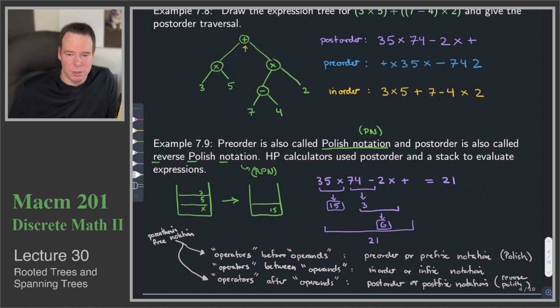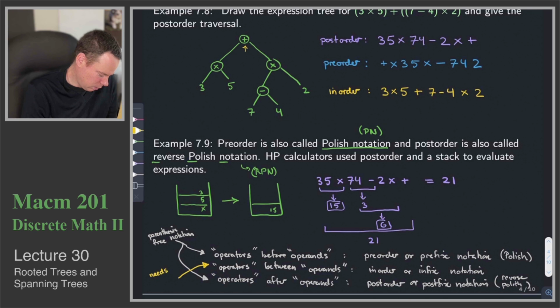There's only one way to evaluate the expression, as opposed to using infix notation. This needs parentheses. And if you want to avoid, in some cases, the need to put parentheses, then you need an order of operations.